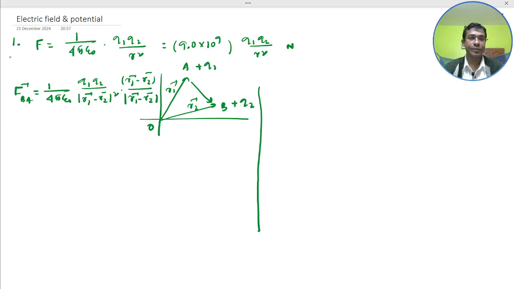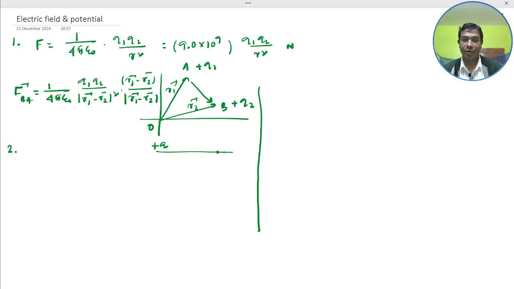The second topic is the electric field due to a point charge. This is charge plus Q, and this is minus Q here.